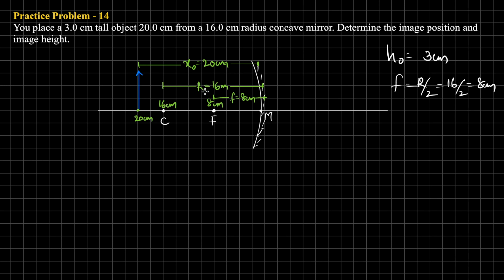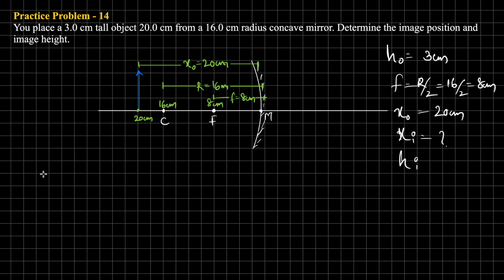Focal length, radius of curvature, object position, everything is towards left. That's our new positive axis. So all of them are positive. We need to find the image position and image height. So we need to find xi and hi.